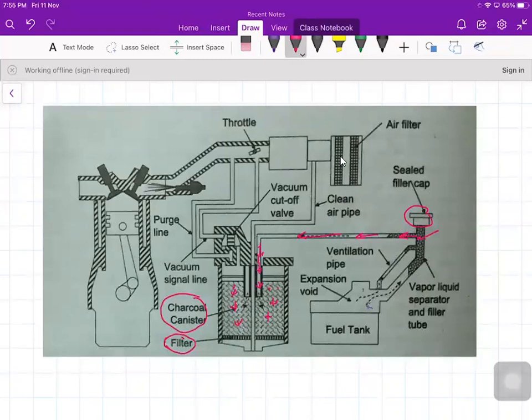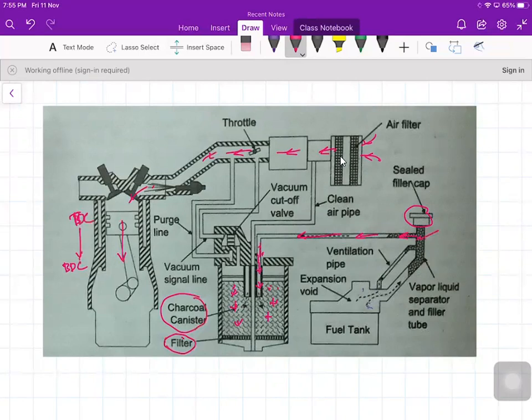When the engine is in the suction stroke, from TDC to BDC, the piston moves from TDC to BDC and the suction stroke takes place, which means it sucks in air. So the air enters from the atmosphere through this air filter. It creates a vacuum or negative pressure.